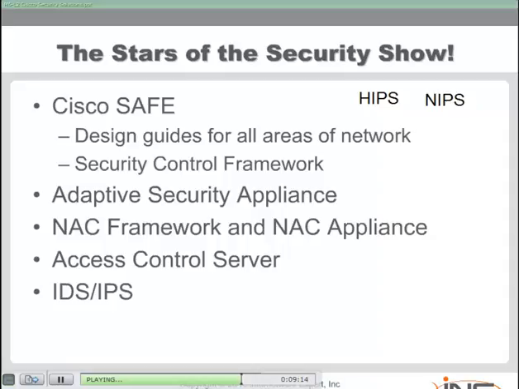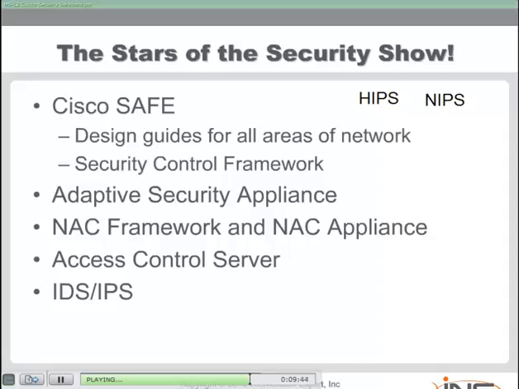It gathers it all together, correlates it, and paints you a clear picture of what's going on from a security perspective inside your infrastructure.